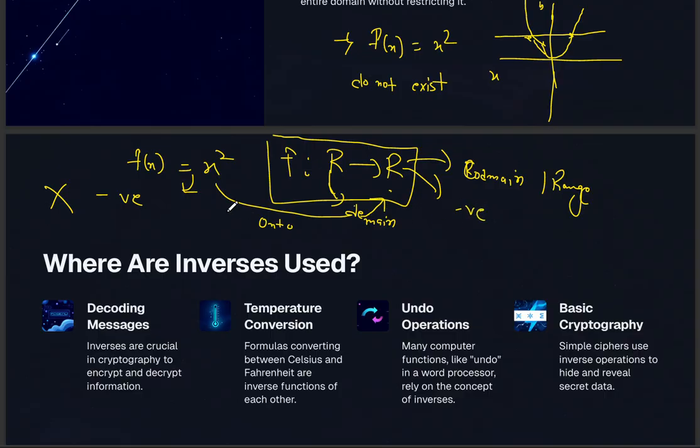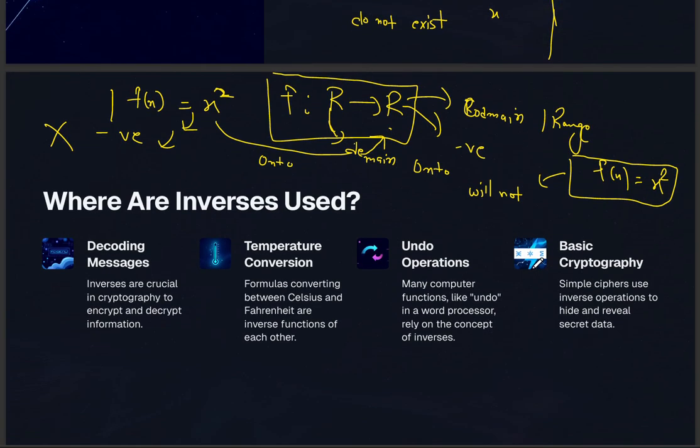But here in this particular function, it will not produce a negative value because the power of x is square. So as you can see, it is not an onto function. So we can also say from here that this function f(x) is equal to x square will not have its inverse function.